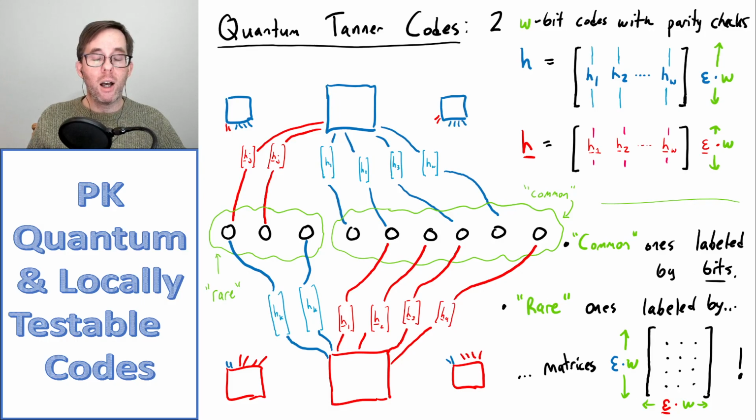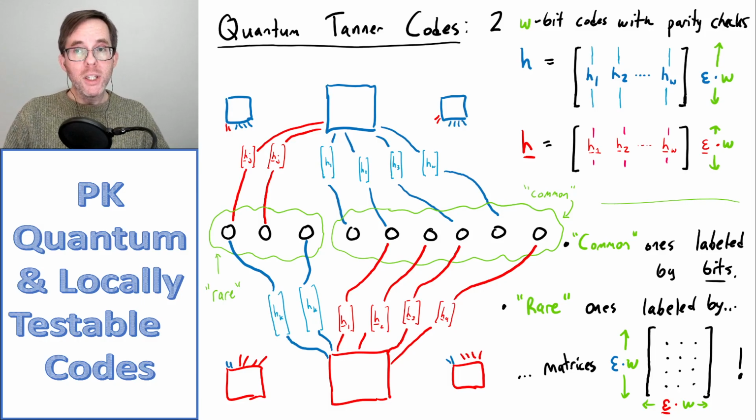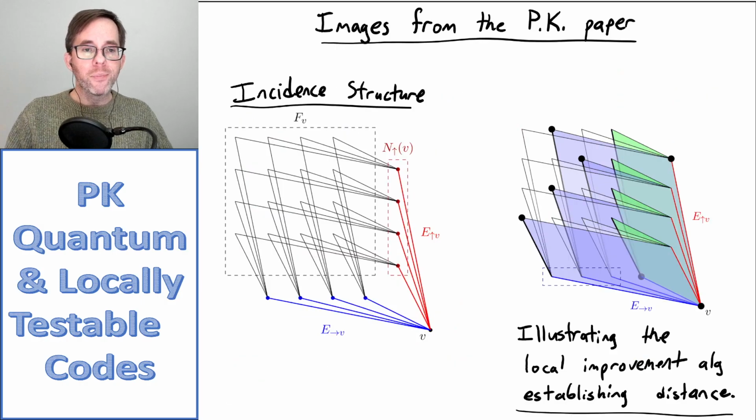And just a reminder, the squares, the common things, are labeled by bits. The rare sites, the vertices, are labeled by matrices of bits. And all the edges are decorated by these vectors. Okay, so in principle, I have told you the construction modulo the choice of these two little codes.